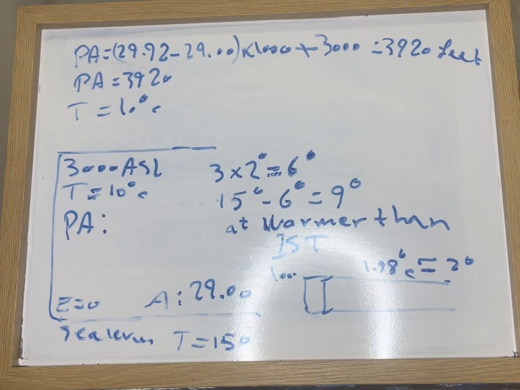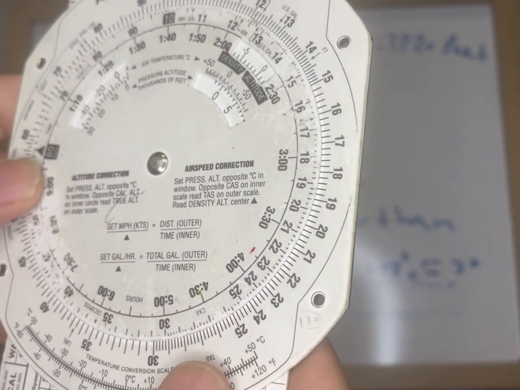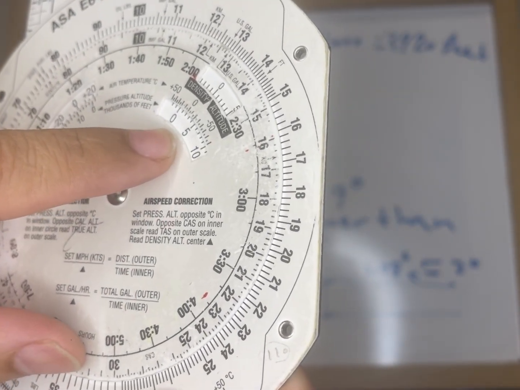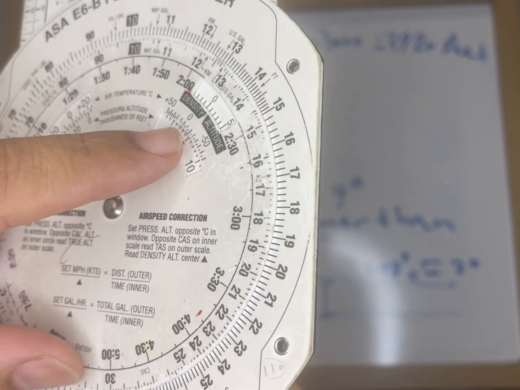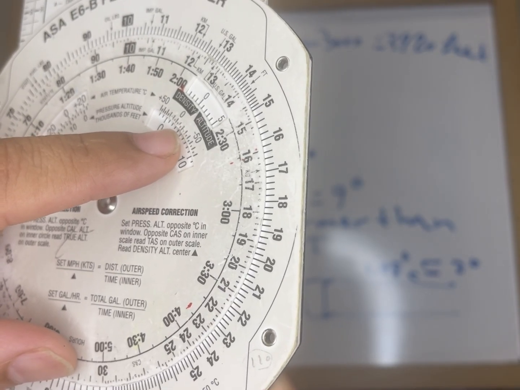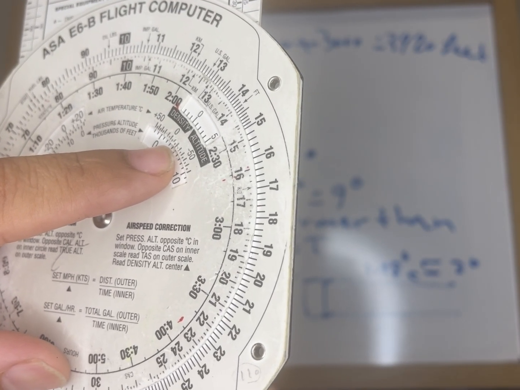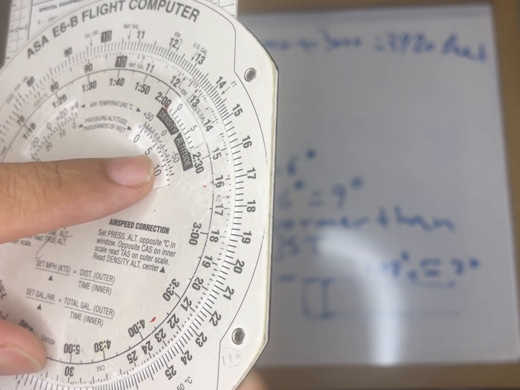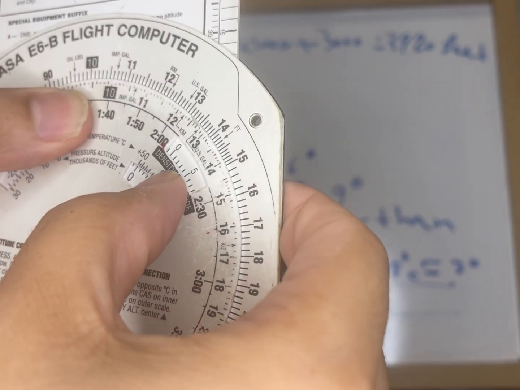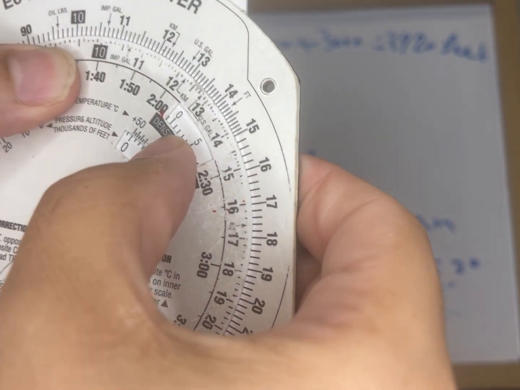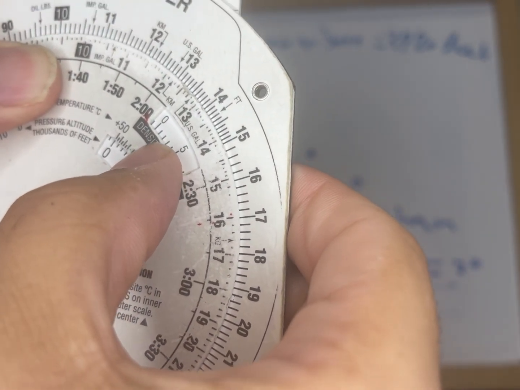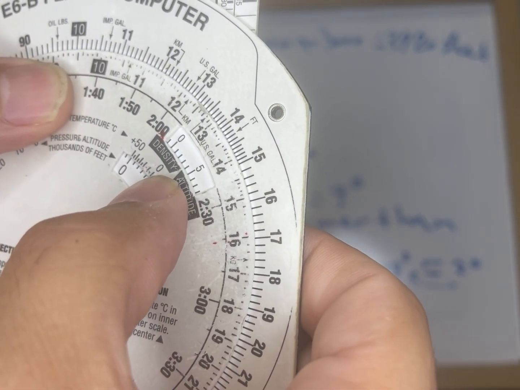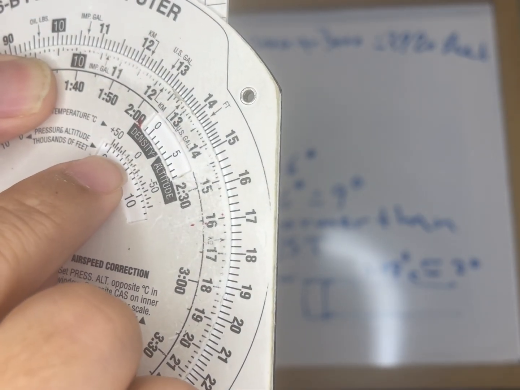Now we put it in the E6B: 3920 in the window, and the temperature is 10. Somewhere here you can see 10 degrees Celsius and 3920, like this.